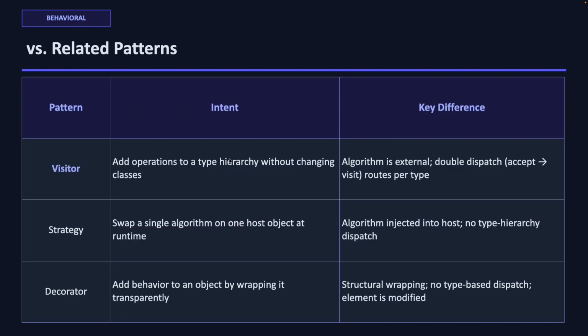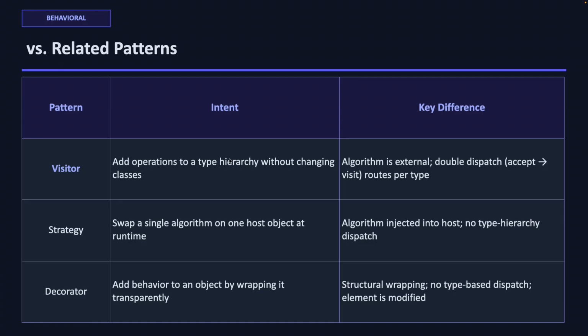When we compare the visitor pattern with other types of patterns, we have first the strategy pattern. It also encapsulates an algorithm, but in a fundamentally different way. The strategy will only swap one algorithm on one host object.